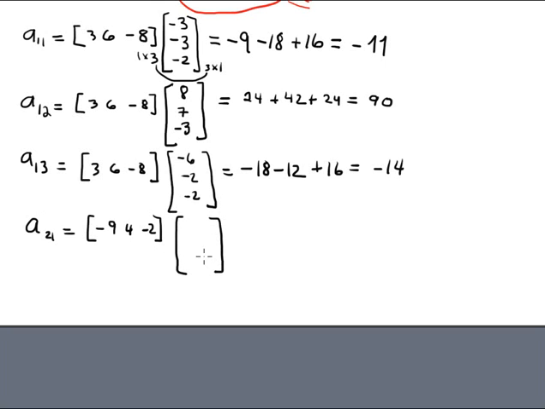The first column is negative 3, negative 3 and 2. The multiplication is 27 positive, negative 12, negative 4. This is negative 14, and 27 minus 14 is 19.